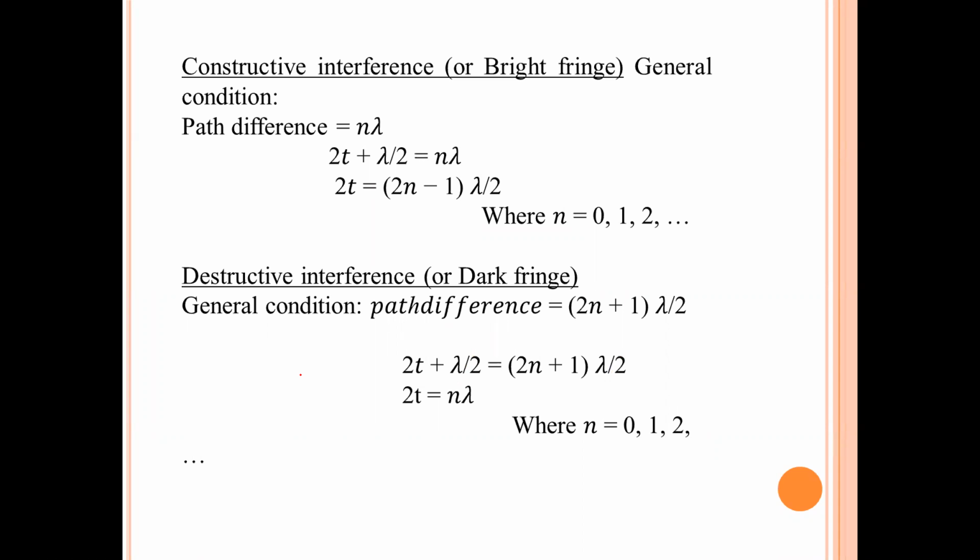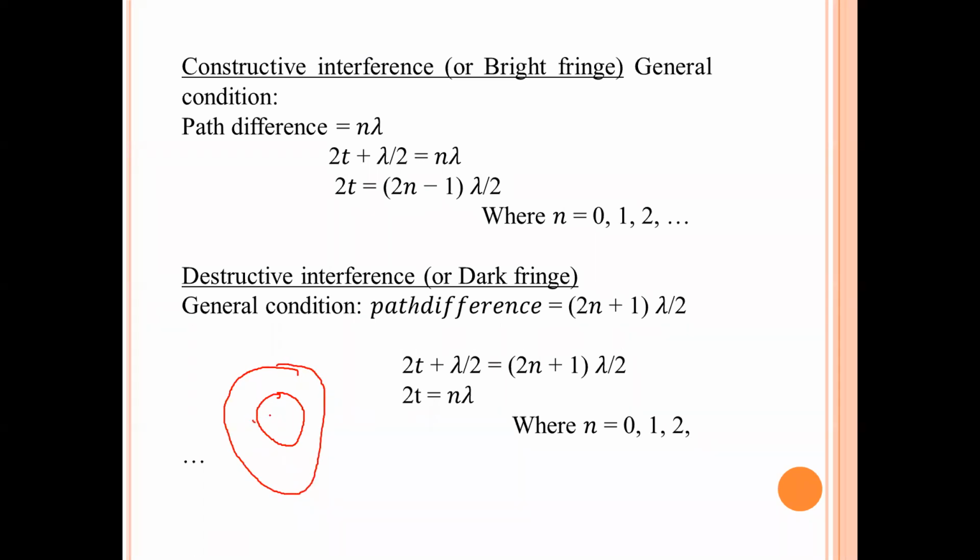In this topic we discuss only the condition for obtaining dark and bright rings. But still we have to find the expression for the diameter of the dark and bright rings. For example, these are the rings.